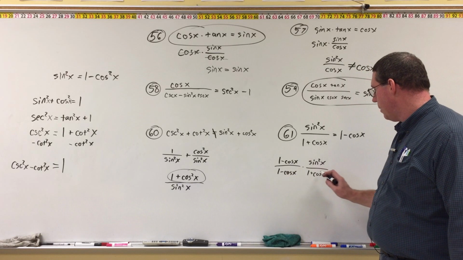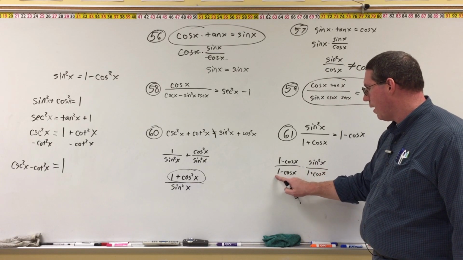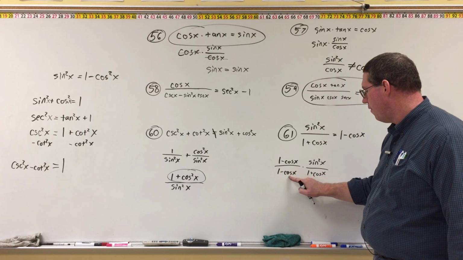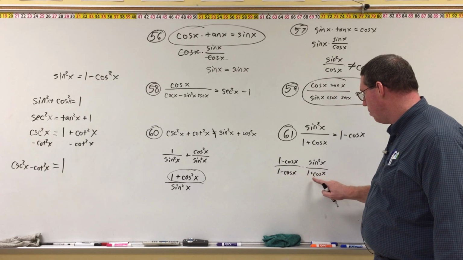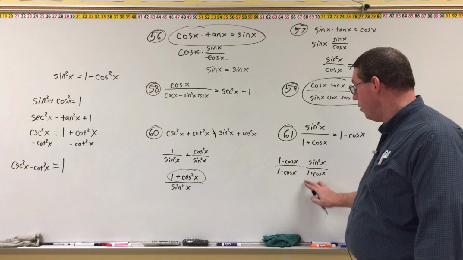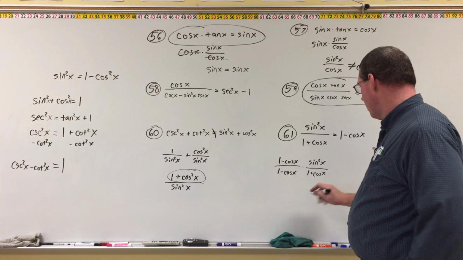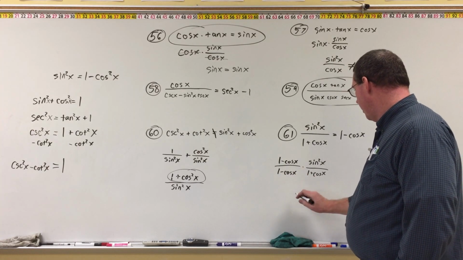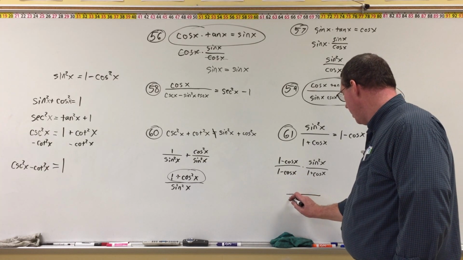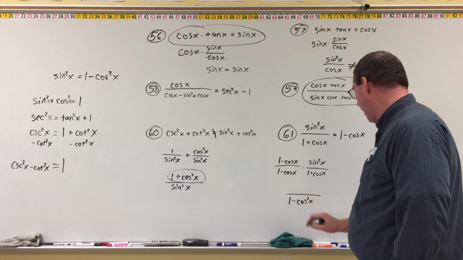Now, in the denominator, this is going to become a difference of squares. This is kind of like x minus 5 and x plus 5, and that would become x squared minus 25. It would be the square of the first one minus the square of the second one. So the denominator here is going to be 1 minus cosine squared of x.